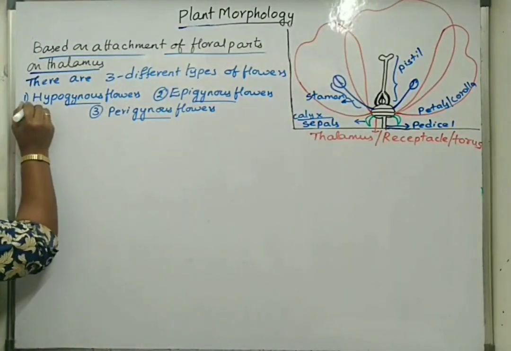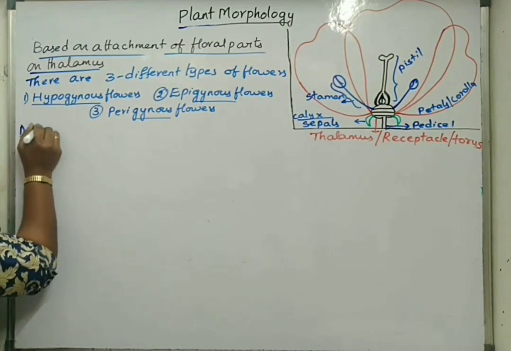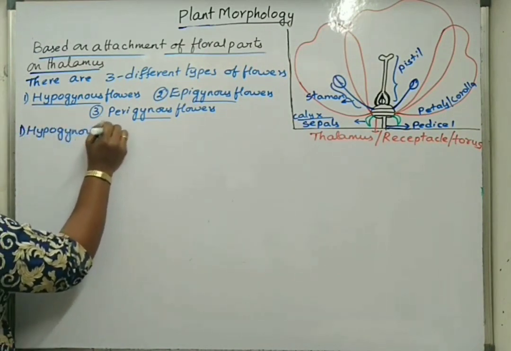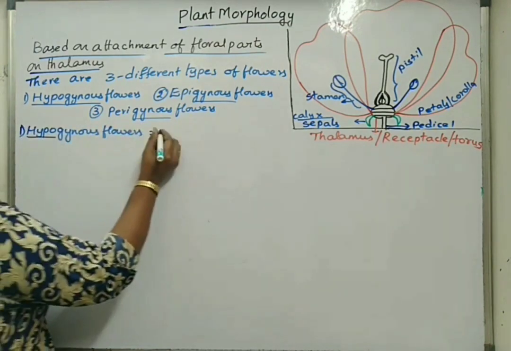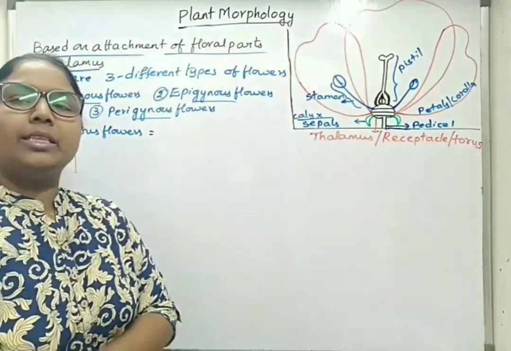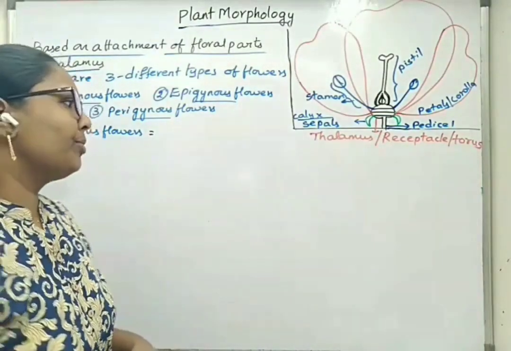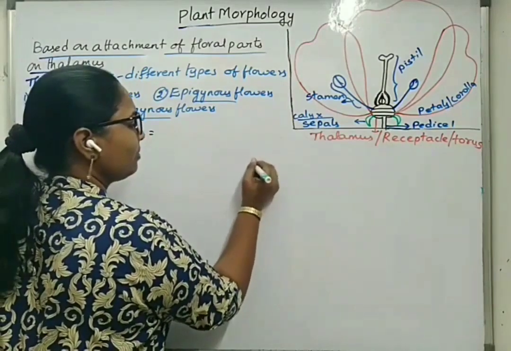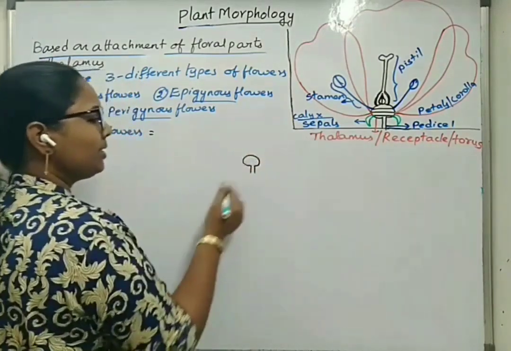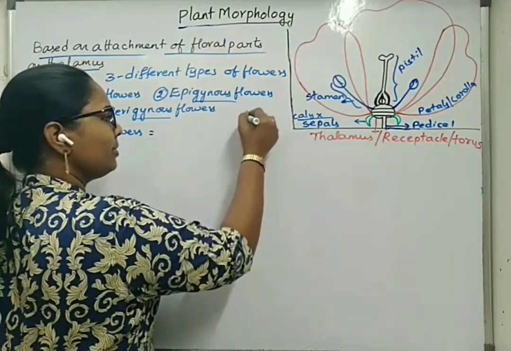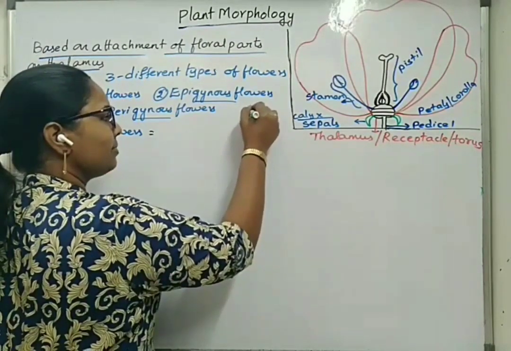So first one we'll start with hypogynous. Hypogynous flowers. If all the floral parts are below the gynoecium, then such flowers are said to be hypogynous flowers. For suppose, take the pedicel, thalamus. On the thalamus we see gynoecium like this.